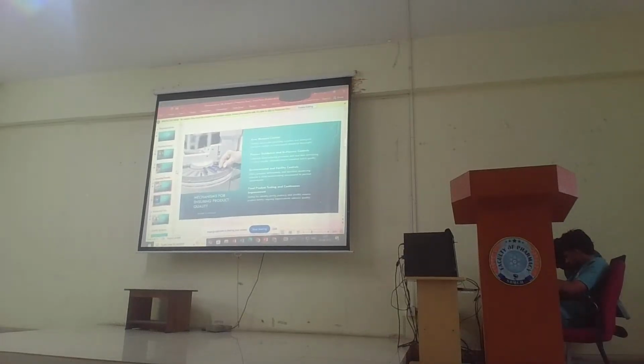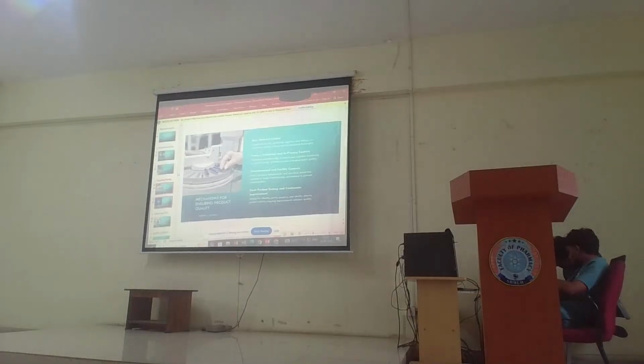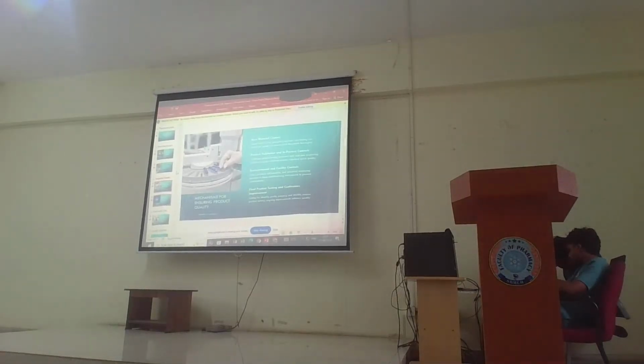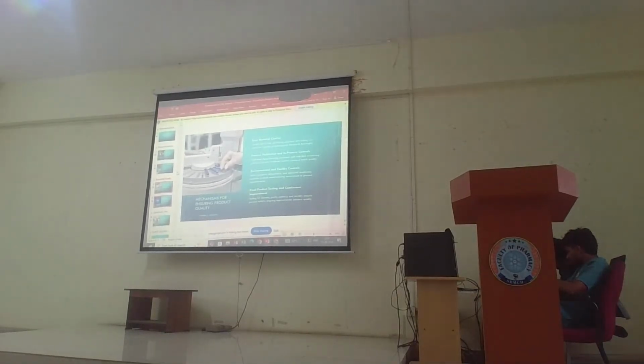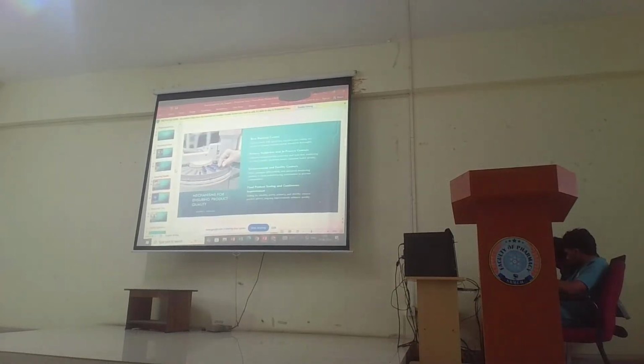So with the help of this HVAC system and other microbiological controls, we maintain the environmental condition and prevent microbiological contamination in the facility. Third one is the final product testing and release.